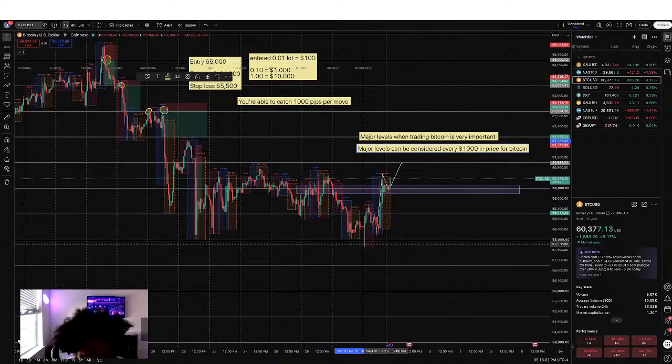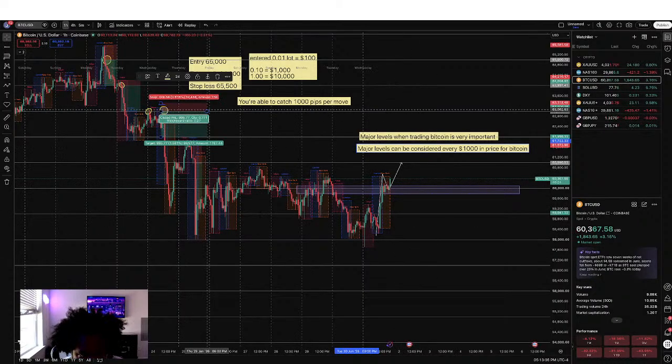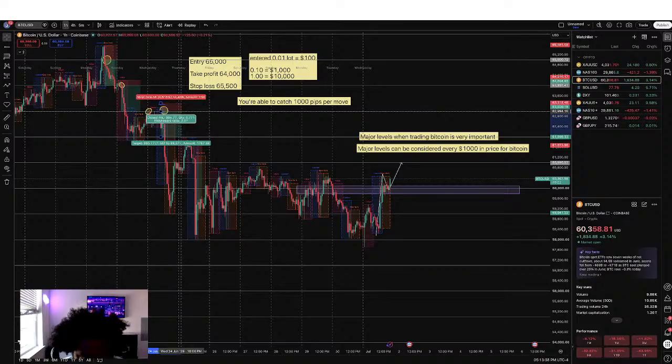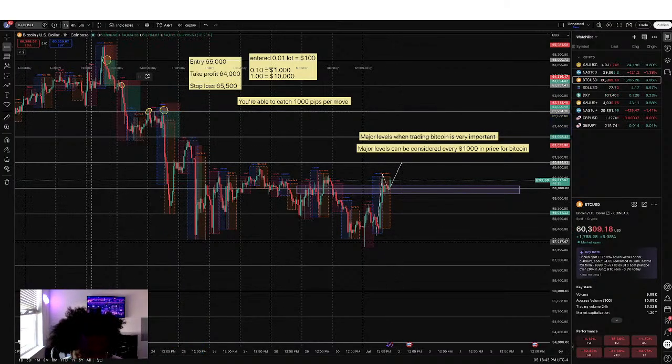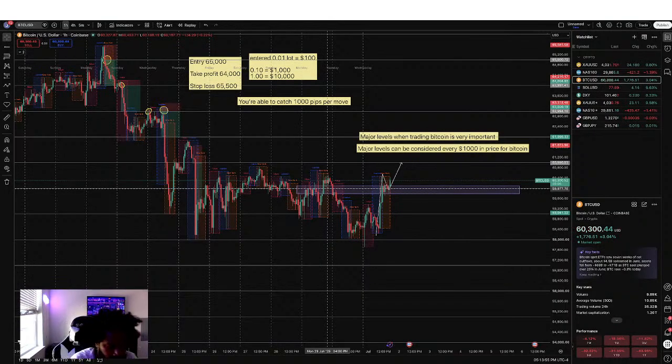This is an indicator that I actually paid for, but before I got it, all you have to do is put a horizontal line going across, and it'll be literally the same exact thing. All right. So look, boom. That's one thing that we have for the major levels.